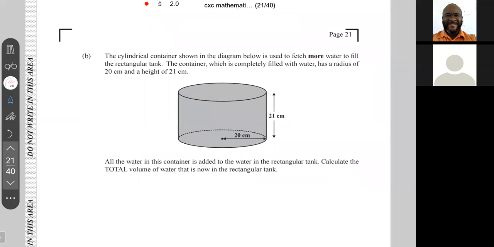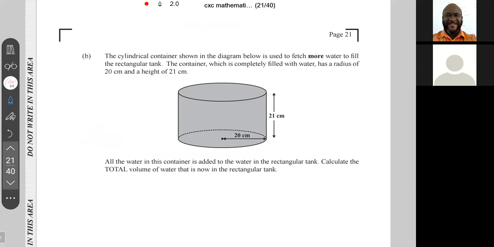Next, we are told that the cylindrical container shown in the diagram below is used to fetch more water to fill the rectangular tank. The container, which is completely filled with water, has a radius of 20 centimeter and a height of 21 centimeter.